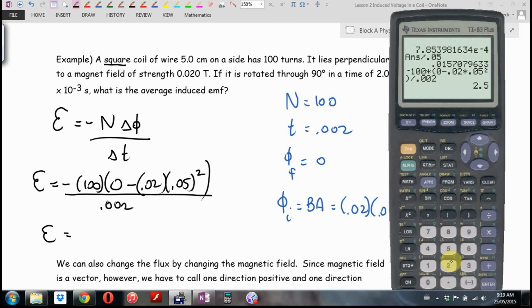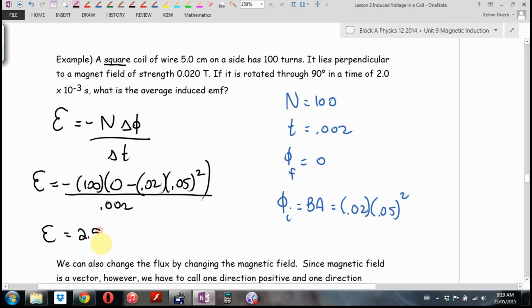Oh, 2.5 volts. Yes? Now we're approaching a battery. What if you wanted to generate 5 volts instead of 100 turns of wire? Use what? It's that easy to customize your voltage now. Or turn it faster or change the area, but the easiest one is just more wire.